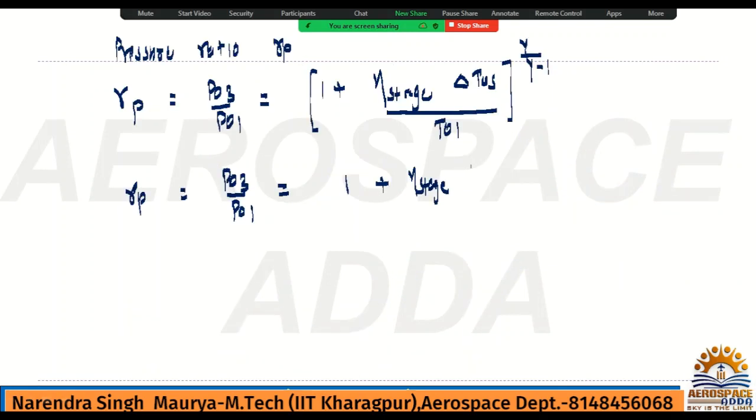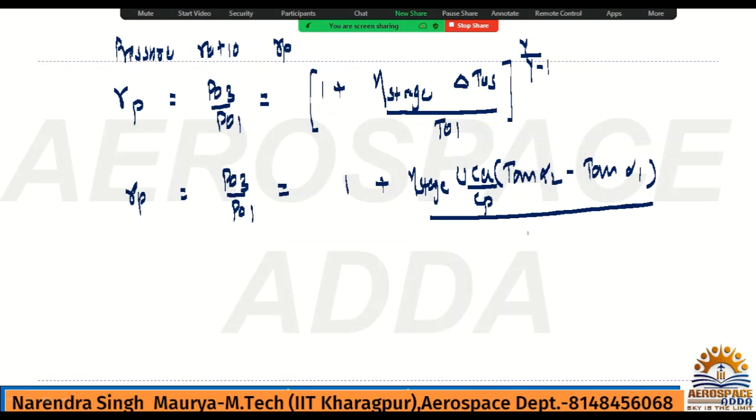U CA (tan alpha 2 minus tan alpha 1) by Cp, divided by T naught 1, to the whole power gamma upon gamma minus 1.